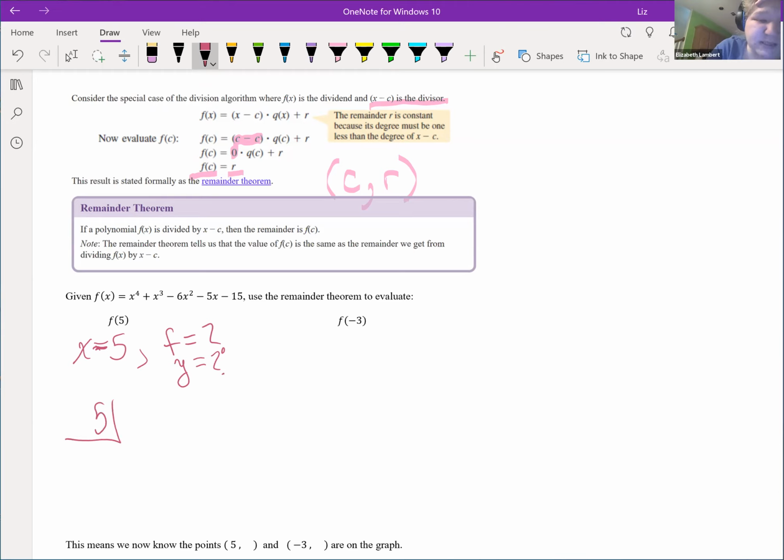5 in the box. And then we have our nice, let's just double check, 4, 3, 2, 1, 0. Everybody's accounted for. I just got to copy my coefficients: a 1, another 1, -6, -5, -15. And we're going to do the same thing over here with the f of -3, but we'll continue on with our first one first.